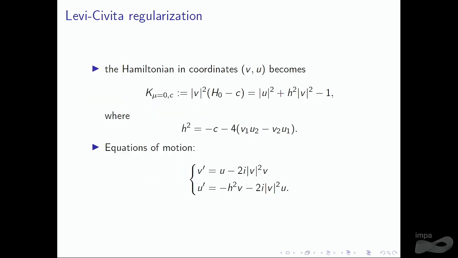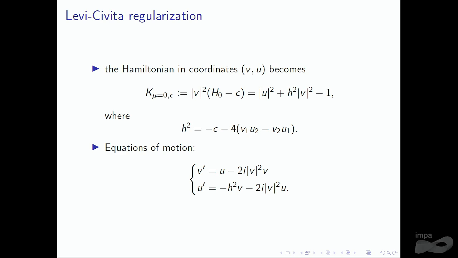So there is another part of the regularization, which is you take the original Hamiltonian and then you subtract the energy that we're going to consider. I'm calling this C. C will be now a new parameter of the system.